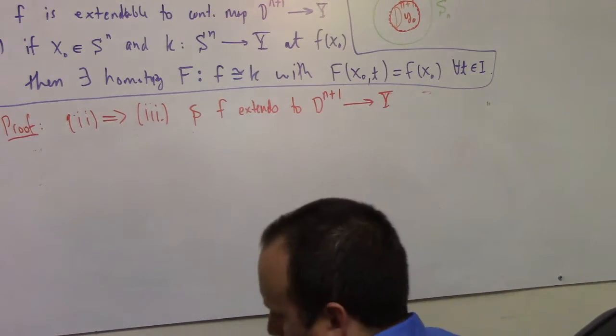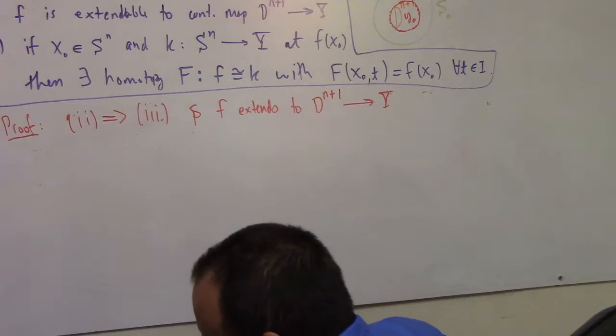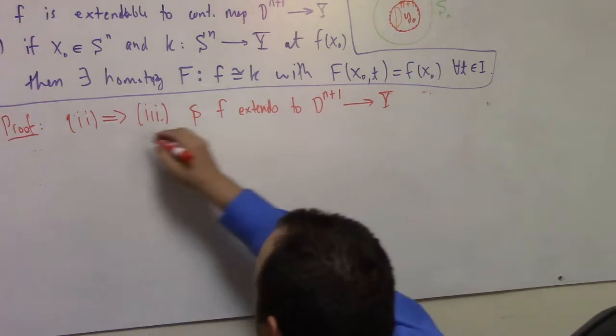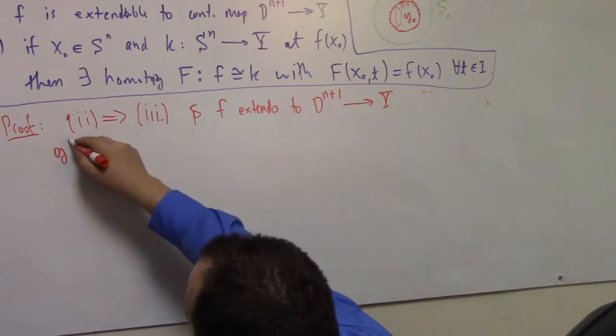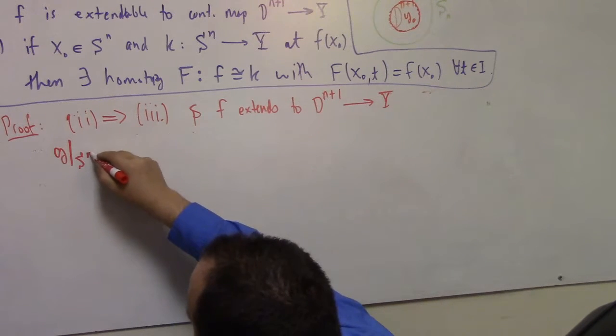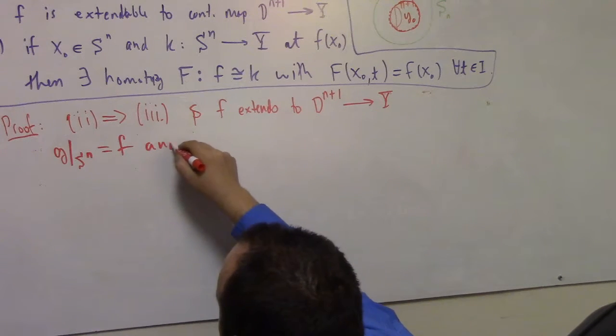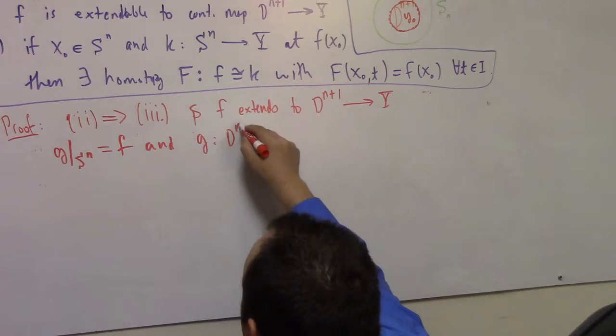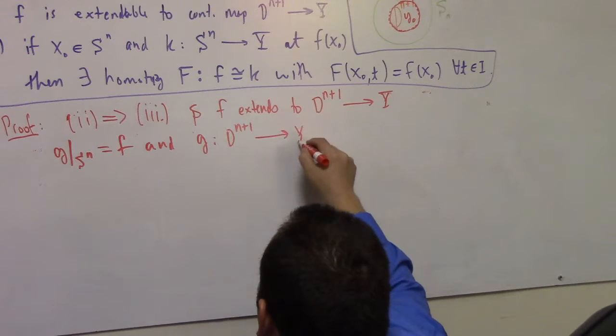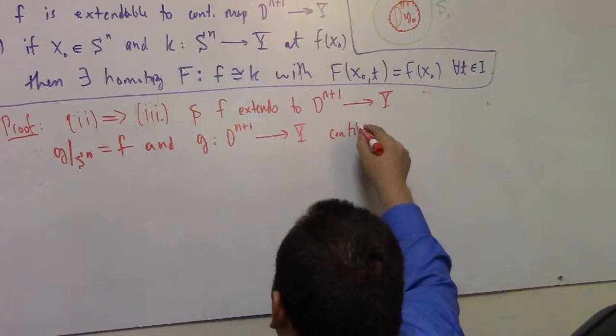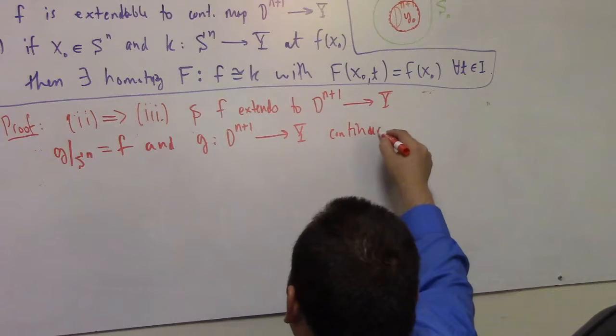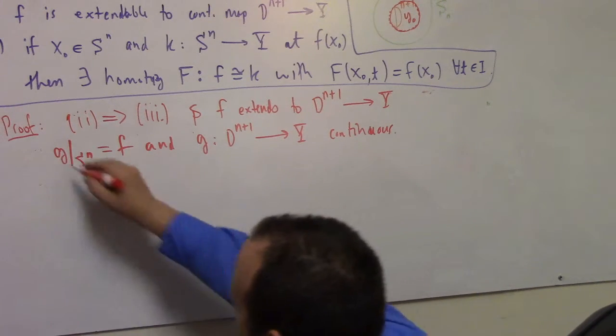In particular, G restricted to S^n is equal to f, and G is a continuous mapping from D^(n+1) to Y, right? That's what we're saying. We're assuming that much. There exists this map G, right?